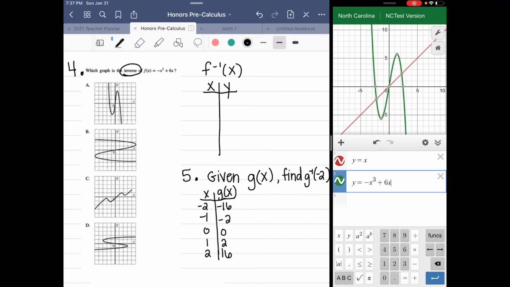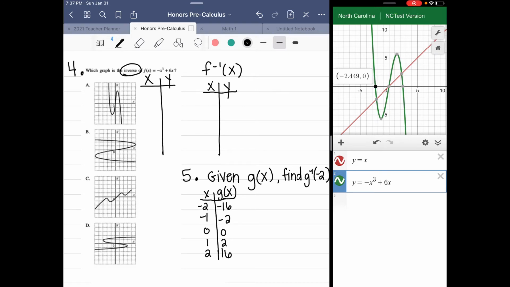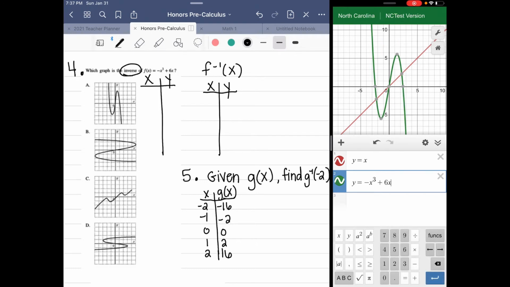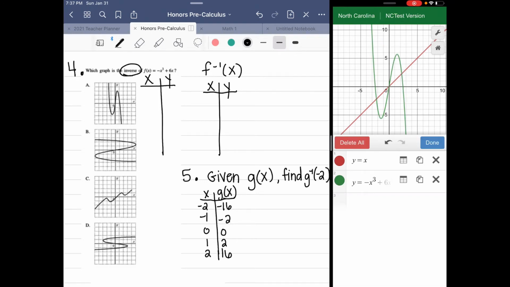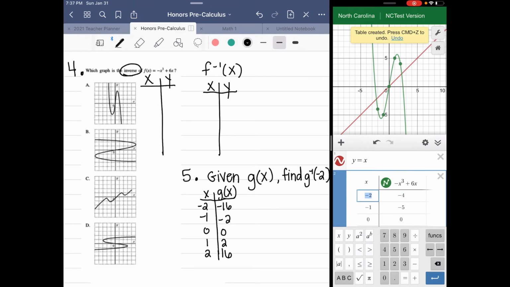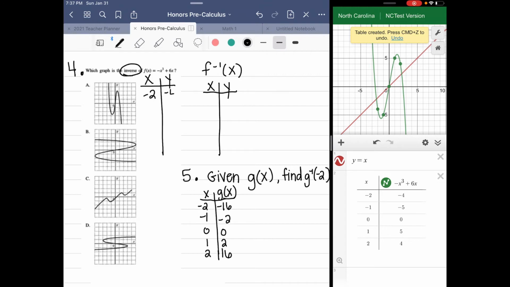So how can I verify? Well, I can find a table of values for the original. So that original table, I should be able to clearly see what points I have along my graph. I could, once again, make a table out of that, and it can give me some values.